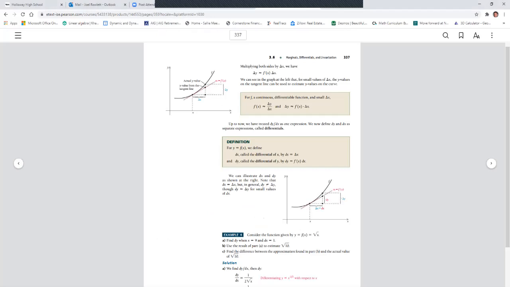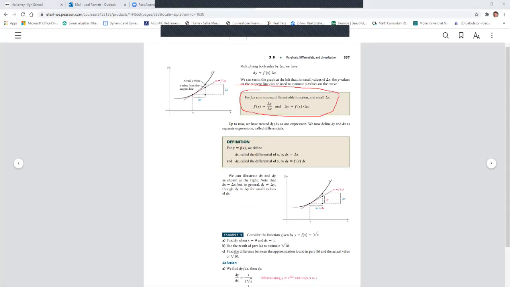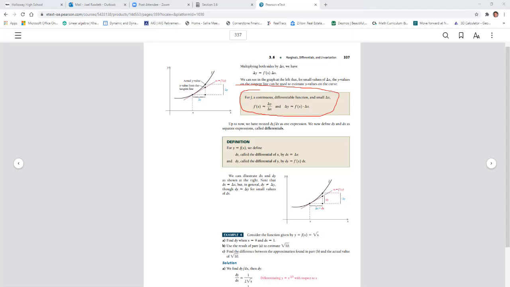And here we have another definition. For f, a continuous function that happens to be differentiable, and if you have a small change in x, the derivative is approximately equal to the slope. In other words, delta y over delta x. The change in y over the change in x.